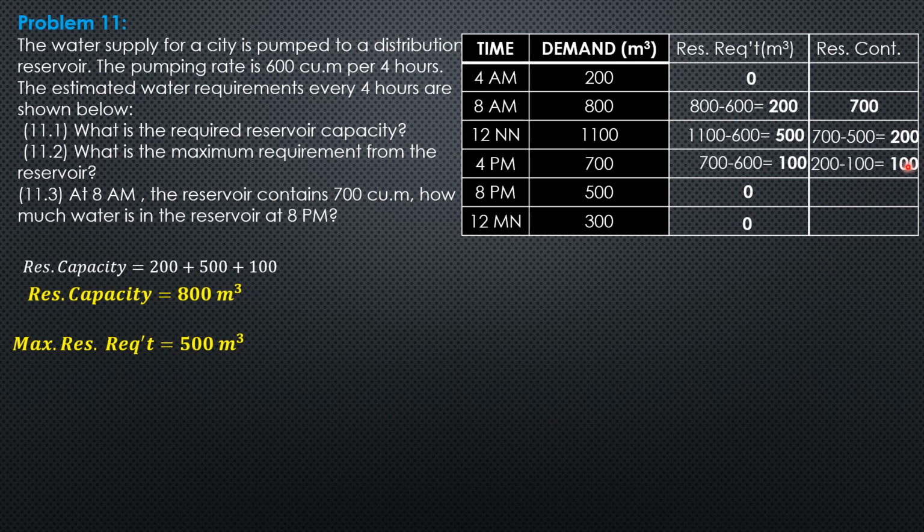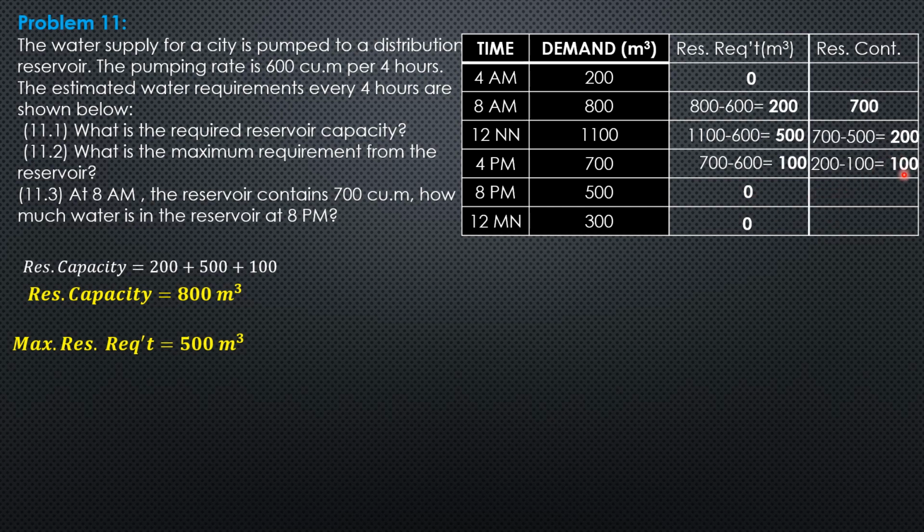Then between 4 p.m. to 8 p.m., since there's no more reservoir requirement, but the demand is 500, the pumping rate is 600, so the excess of the pumping rate, which is 600 minus 500, which is 100, will be delivered to the reservoir.